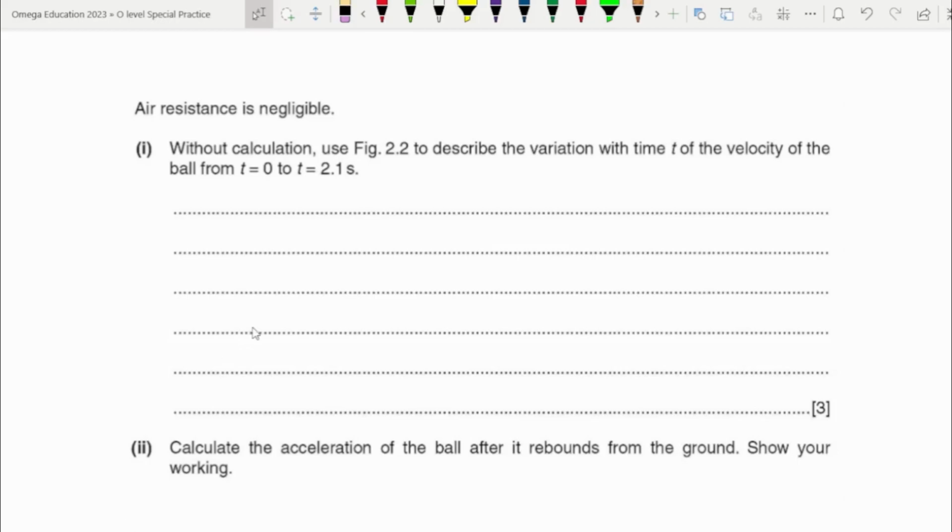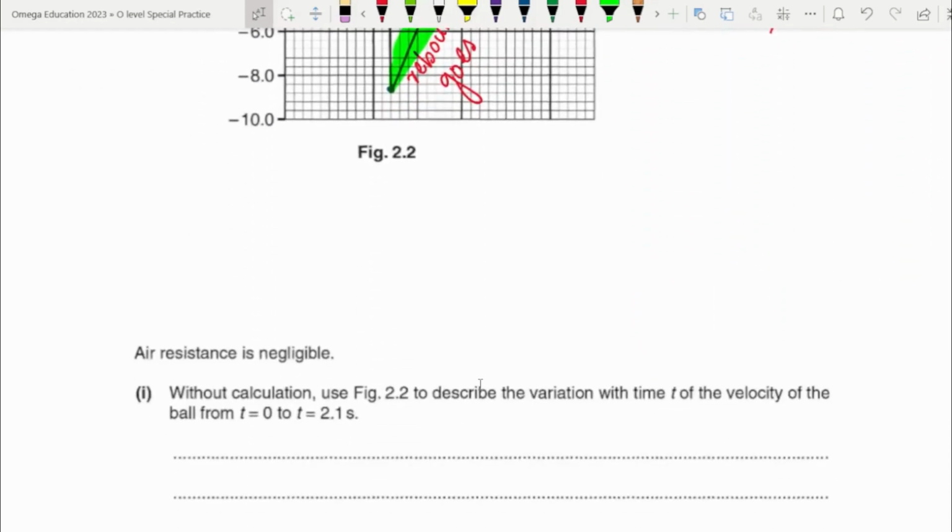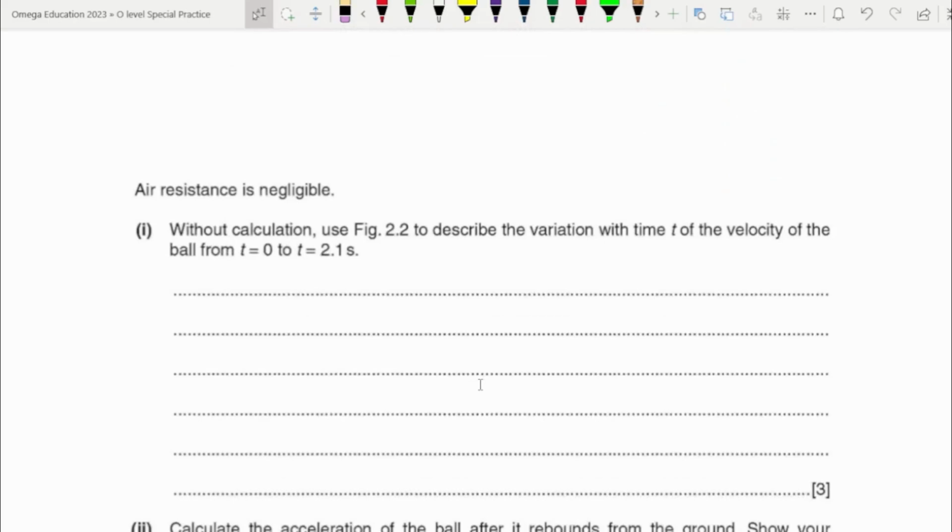So we break it down into the first part, and let's say from 0 to 1.1 second. And if the velocity is increasing at a constant rate, what do we call that? Can we call that uniform acceleration?